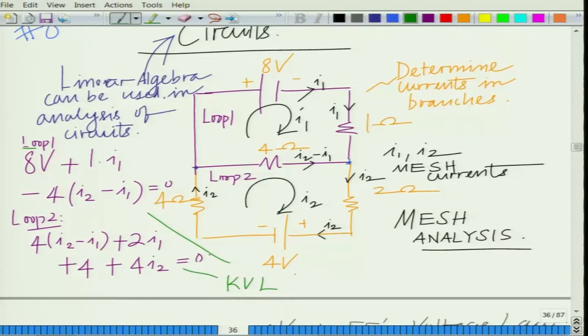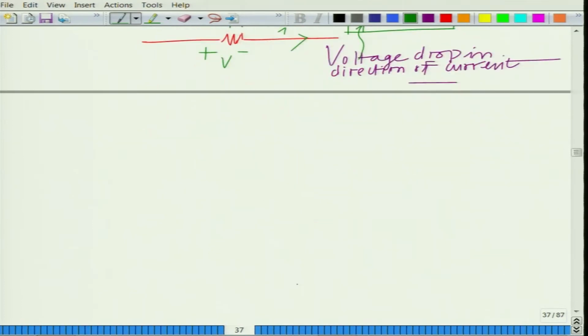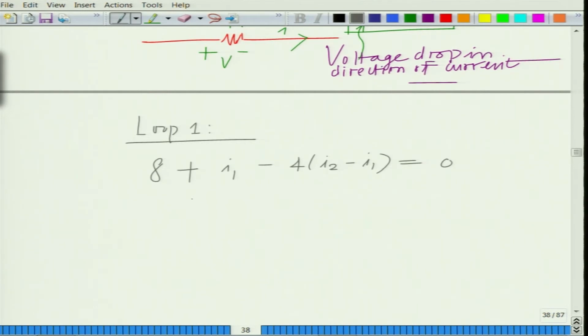Okay. So, now let us simplify these equations. Let me rewrite these equations for both the loops. So, loop 1 we have 8 plus I 1 minus 4 times I 2 minus I 1 equals 0.